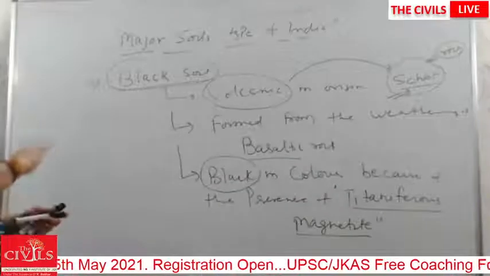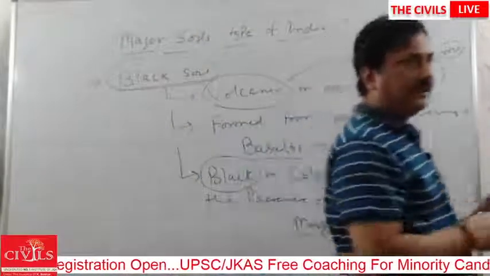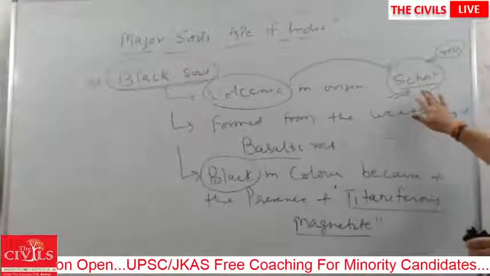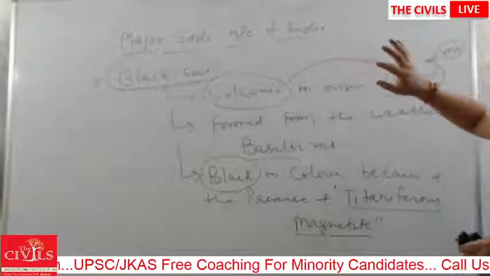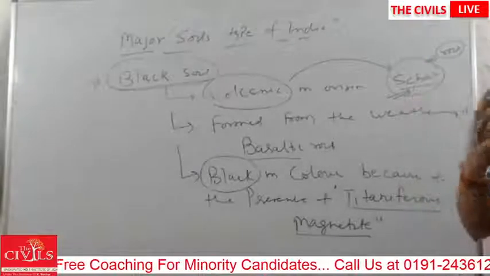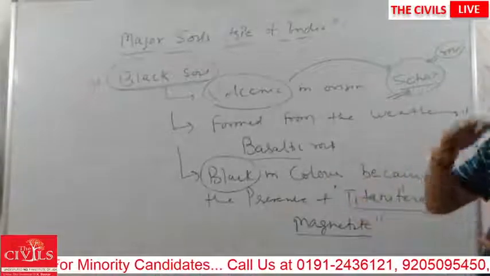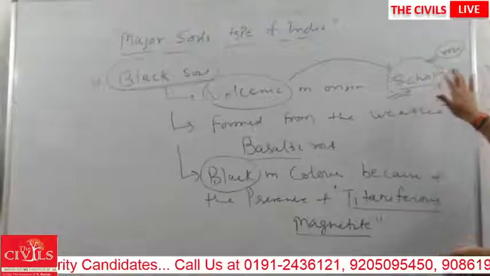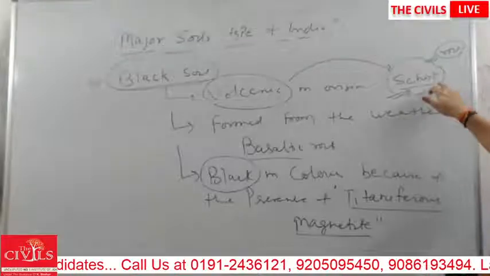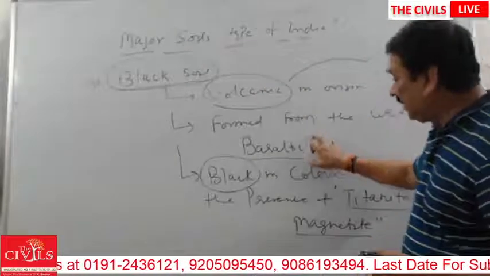Archean rocks are metamorphosed into gneiss and schist rock. We will discuss it in the chapter on rocks, how rocks are changed into different types of rock, that is called metamorphic rock, and schist is also a metamorphic rock. So most of the black soil is formed from basaltic rock.